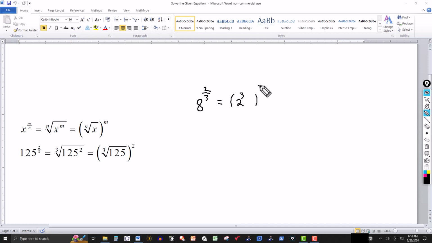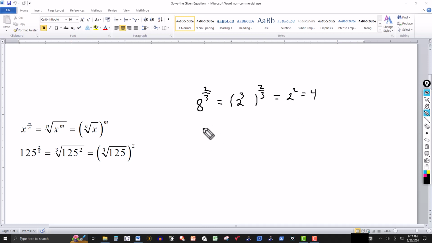And then I put the exponent of 2/3. Using the laws of exponents, I multiply the exponents here. So 3 times 2/3 gives me 2. So this comes out to 2 squared. 2 squared is 4. And that's the answer to that one.